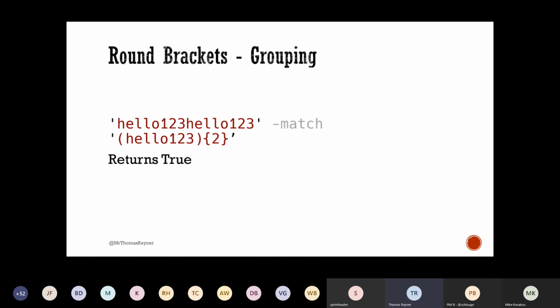So this returns true, because I'm saying this hello 1 2 3, this quantifier, apply the quantifier to this whole thing encased in round brackets. We're applying it to this group. Round brackets are referred to as grouping.